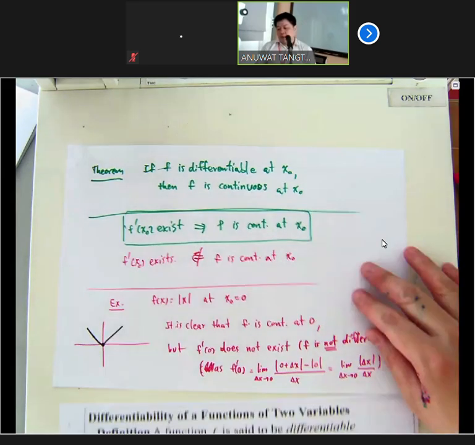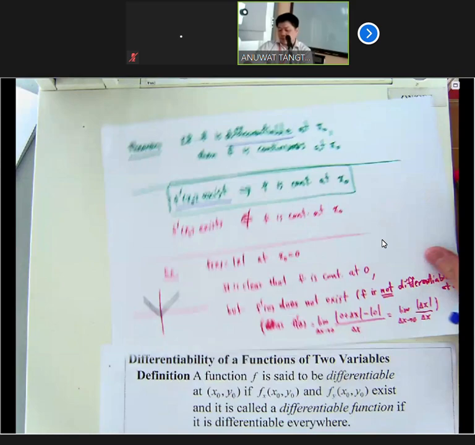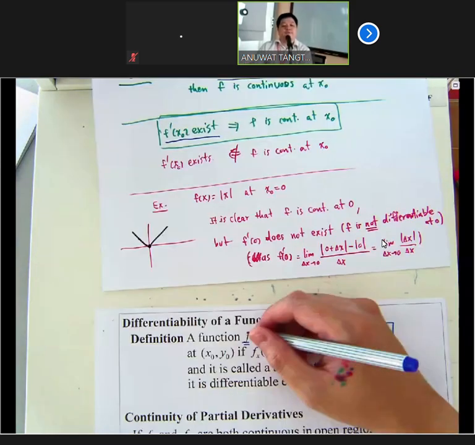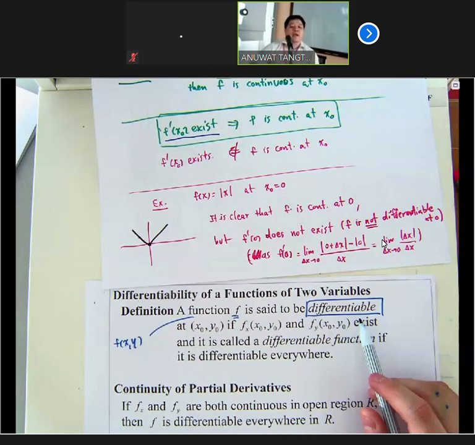In the case of 2 variables, the function of two variables is said to be differentiable when the derivatives exist.